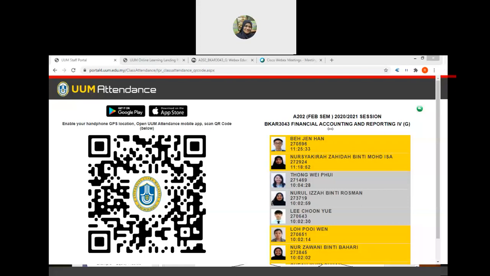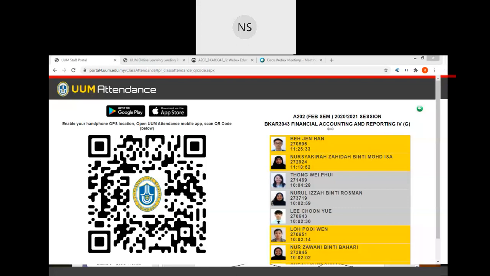Doktor, in the statement of changes in equity, if a share-based payment transaction lapses due to resignation, can or not? Due to resignation.